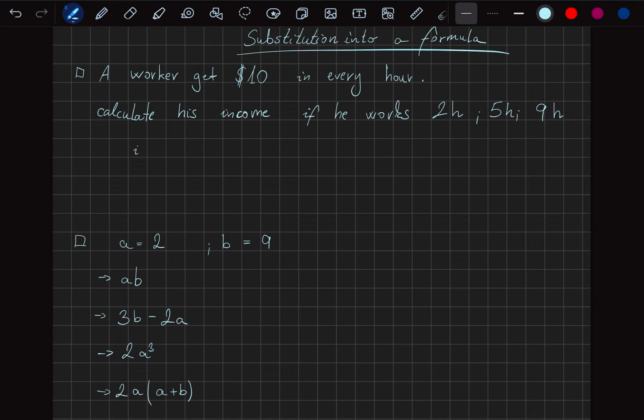So, income money equals $10 times the worked hours.